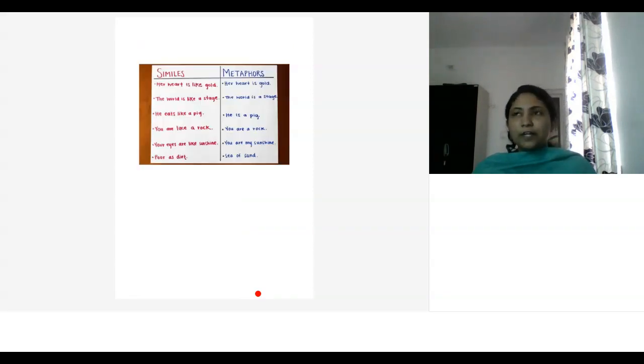Now, if you want to make it very clear what is the difference between a simile and metaphor, see on screen. When I say her heart is like gold, that's a simile. That's a comparison using the word like. But in metaphor, her heart is gold. The word like is not used there.